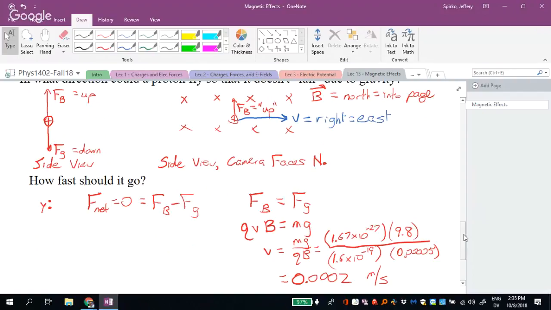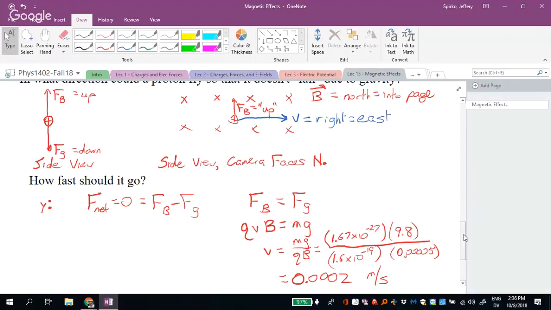Now, one of the weird things about this is if you take an object and move it through a magnetic field, that means that the protons experience a magnetic force in one direction. So let's say that north is into the page, and I move my hand to the east. I'm moving faster than 0.002 meters per second, which means every proton in my body experiences a downward force much stronger than gravity.